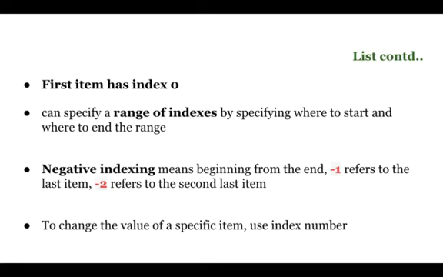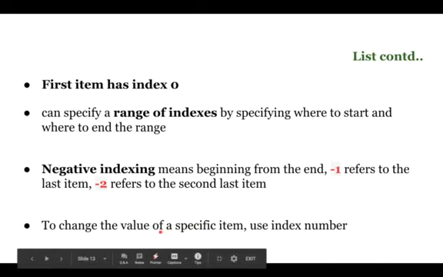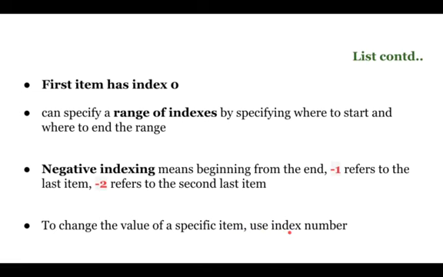Negative indexing begins from the end. -1 indicates the last item in the list, and -2 indicates the second last item in the list. You can also change the value of a specific item. That can be done using the index number. We will see examples for all this.